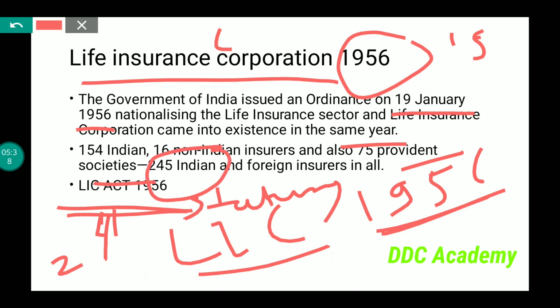Keep this figure in mind. I am repeating once again: 154 Indian insurance companies, 16 non-Indian, that is foreign insurance companies, and 75 provident societies. All these were amalgamated into one big insurance company named Life Insurance Corporation, formed in 1956.